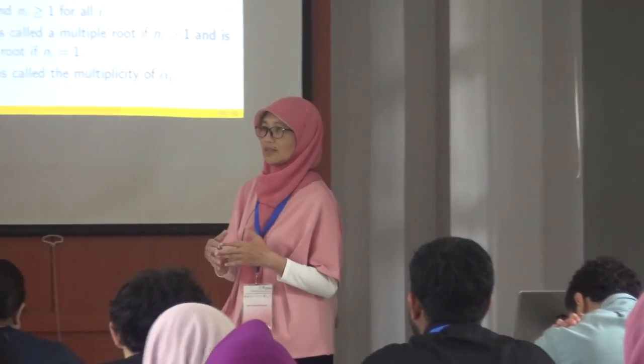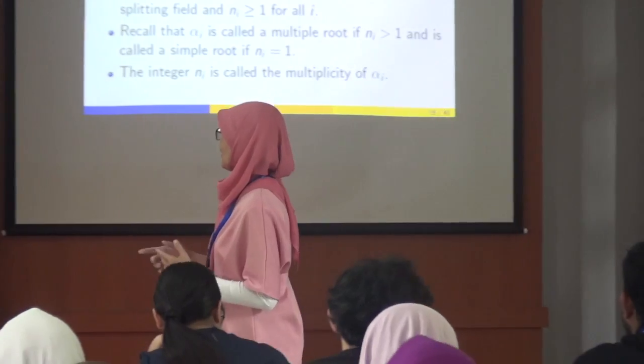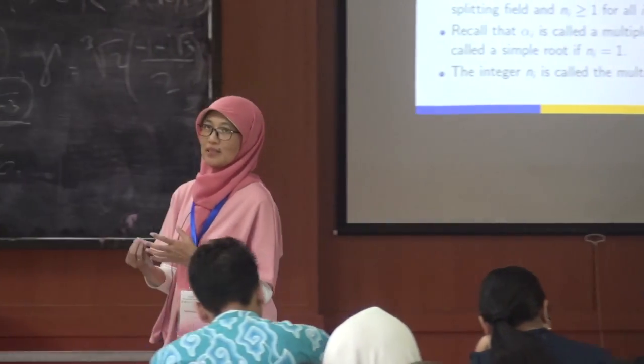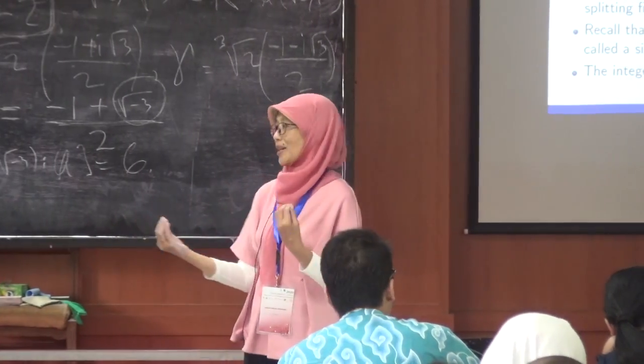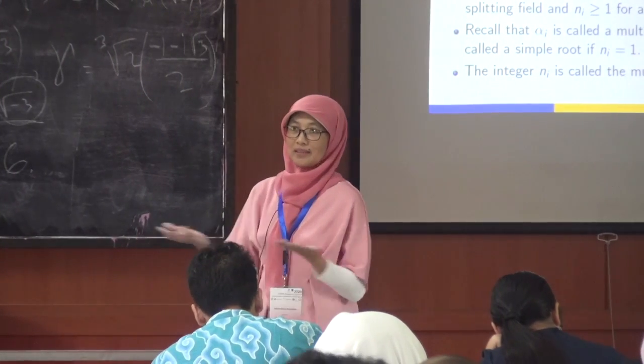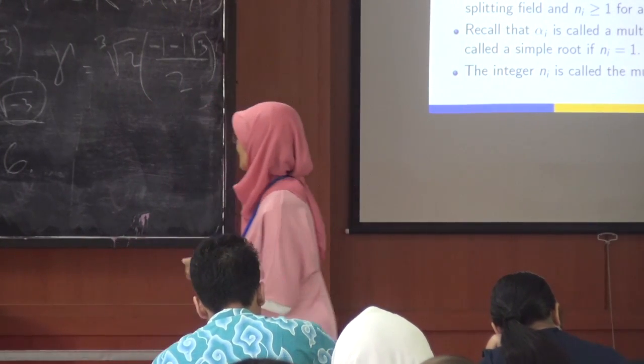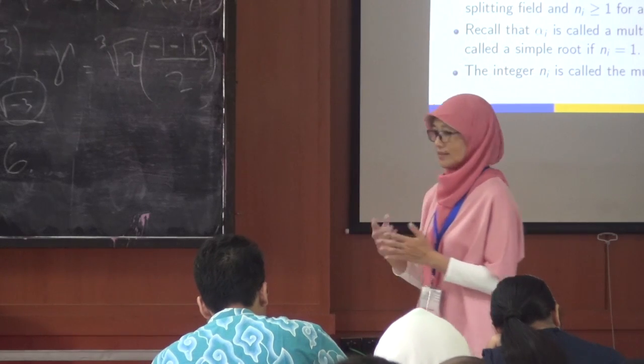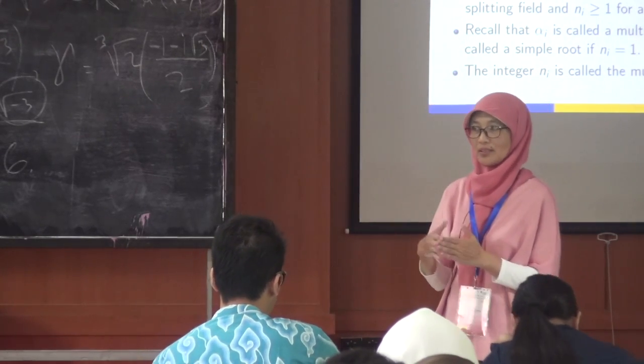Now this is the general situation in a splitting field. Maybe you may find the same roots. Alpha 1 may not appear only once, but maybe 2 times or 3 times or more. This is no problem in this splitting field. But we have another restriction after that.